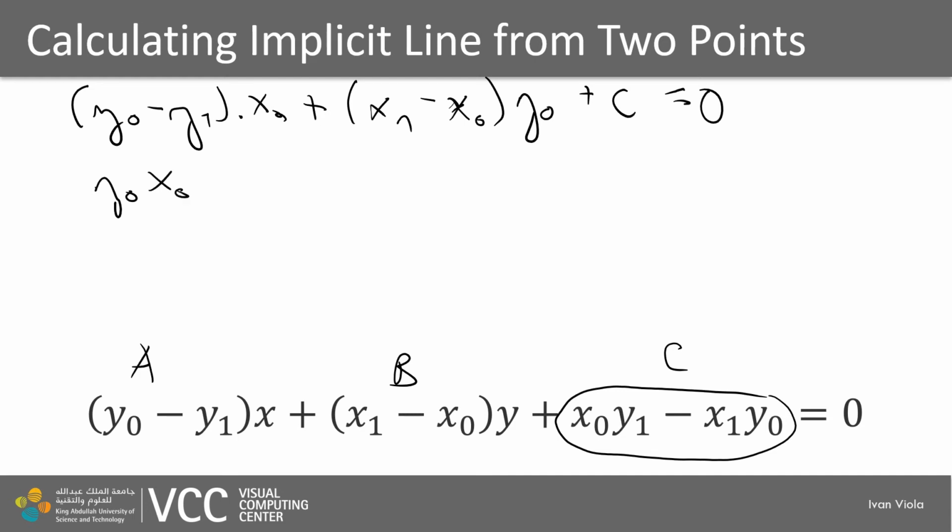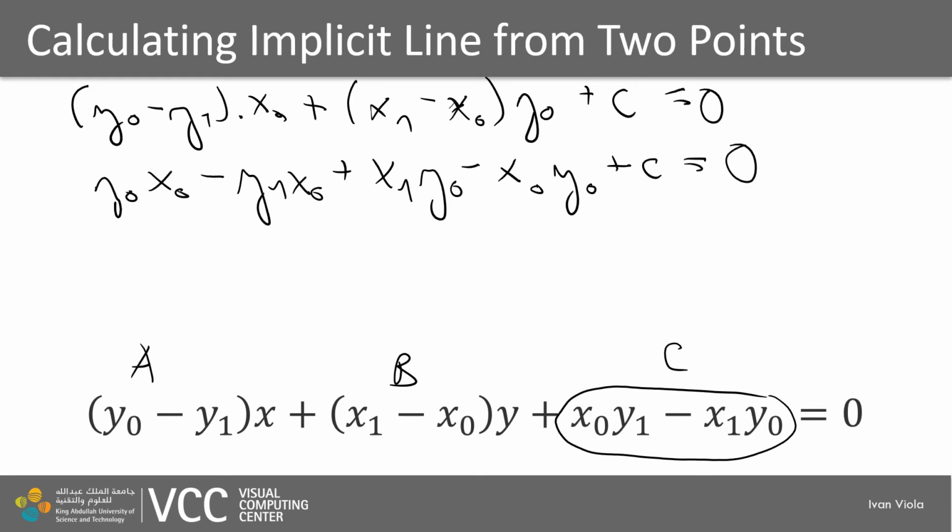Now, y0 x0 minus y1 x0 plus x1 y0 minus x0 y0 plus c equals 0. Now we can observe that we have the same term twice here, because the multiplication is of course commutative between scalars.